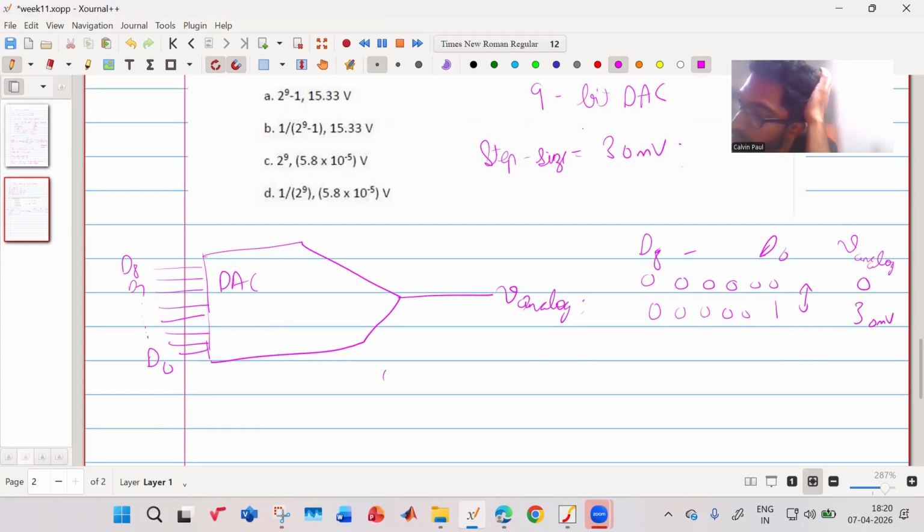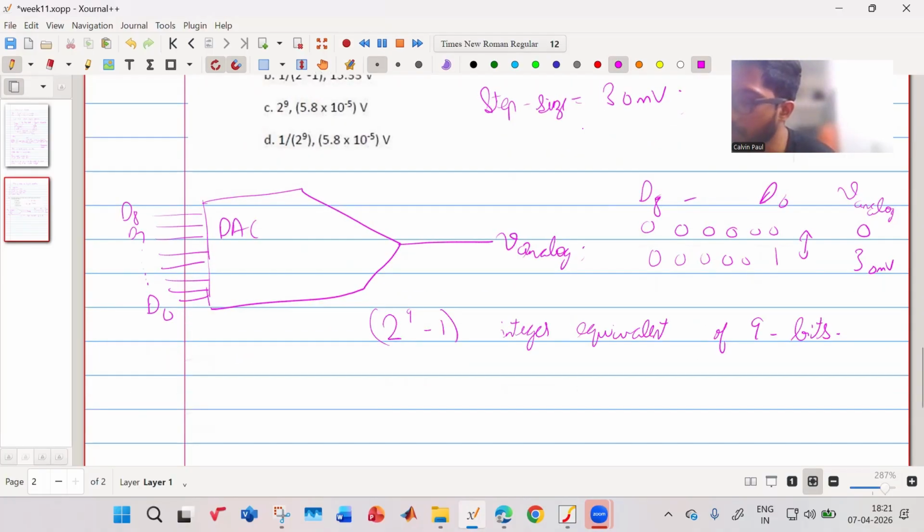So you have to go for 2 raised to 9 minus 1, because this is the integer equivalent of 9 bits, right? So your full scale output will be 2 raised to 9 minus 1 into 30 millivolt.